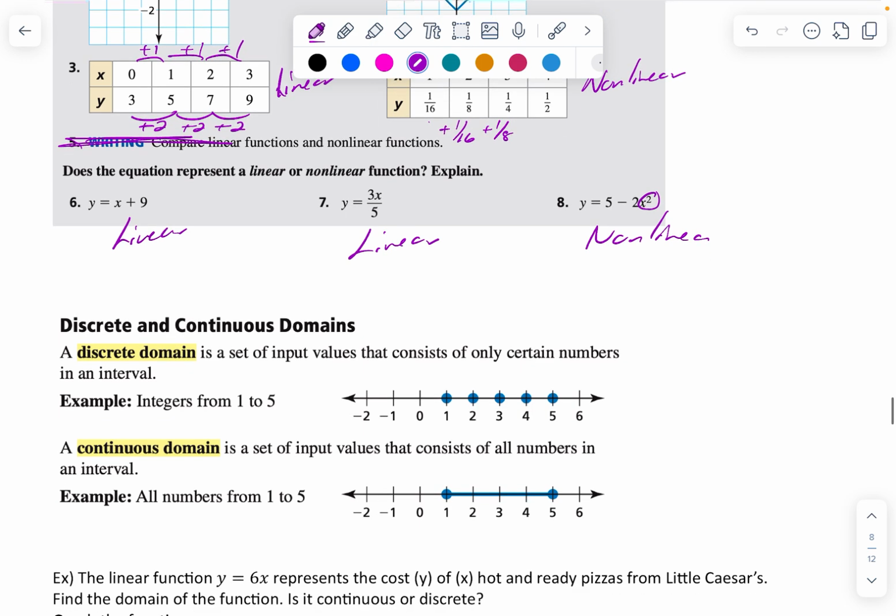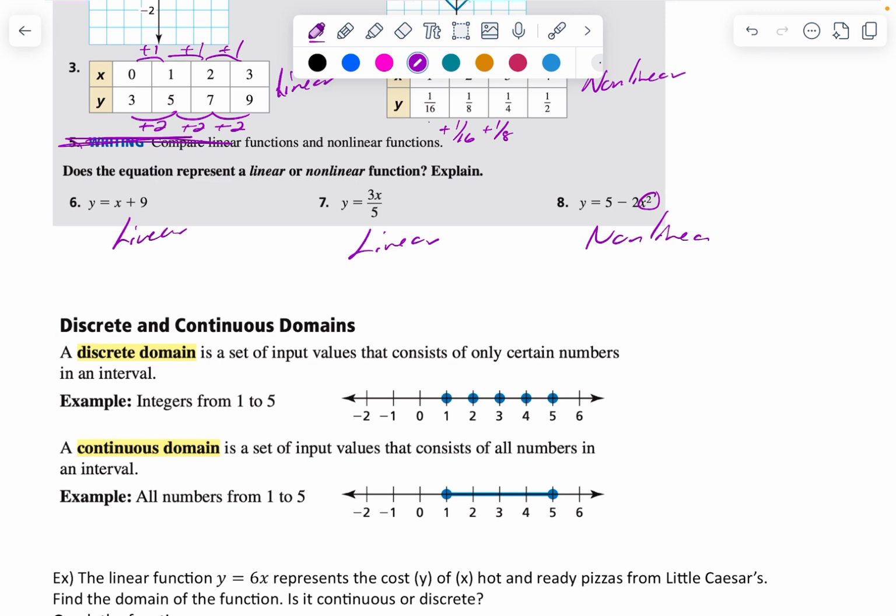The last thing we're going to talk about is discrete and continuous. So discrete domain, remember, are your inputs. Discrete is when it can only be certain numbers or whole numbers. When we started this section, some of the graphs were just points and some were connected or had lines. A discrete domain would be like, let's say we were selling Mercy raffle tickets.